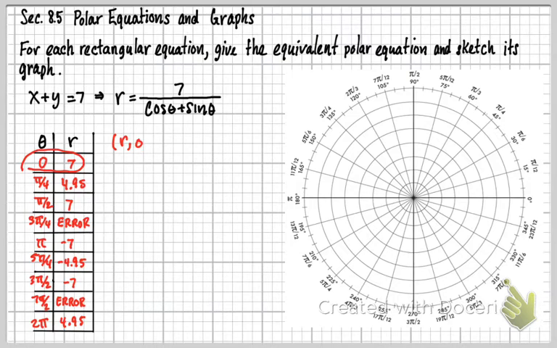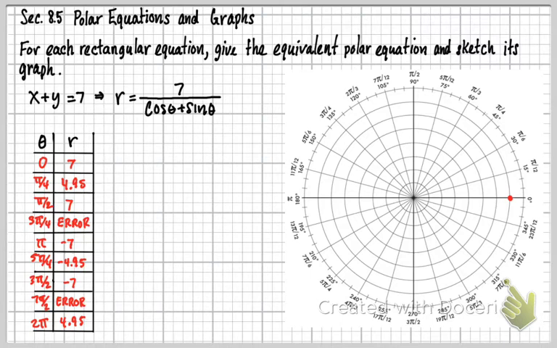But keep this in mind also, that I usually graph the angle first. So this is my 0 degrees here, and then it says I go out 7. Okay, so that's going to be here. And then my next point at pi fourths is 4.95. So that's going to be the r.